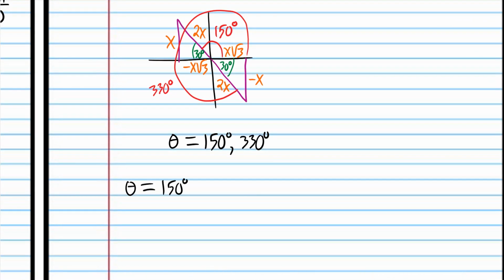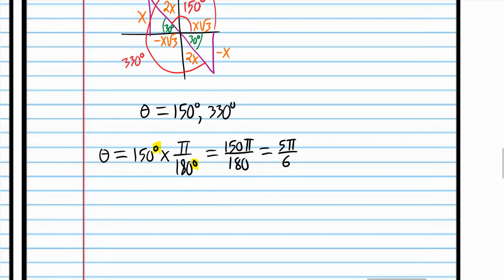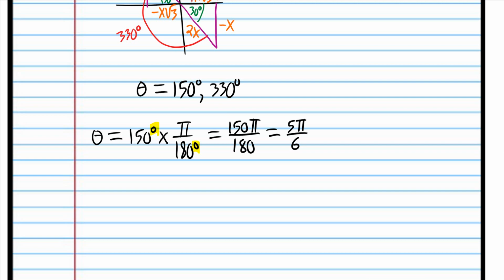So now we're going to convert 150 to radians because they want the answer in radians. So we have 150 pi over 180, which is 5 pi over 6. And we're going to convert 330 degrees to radians.